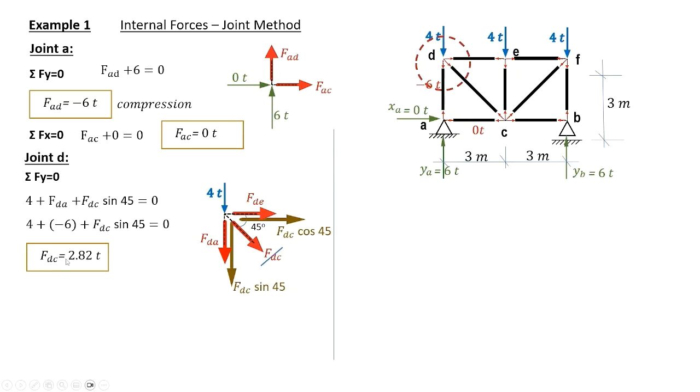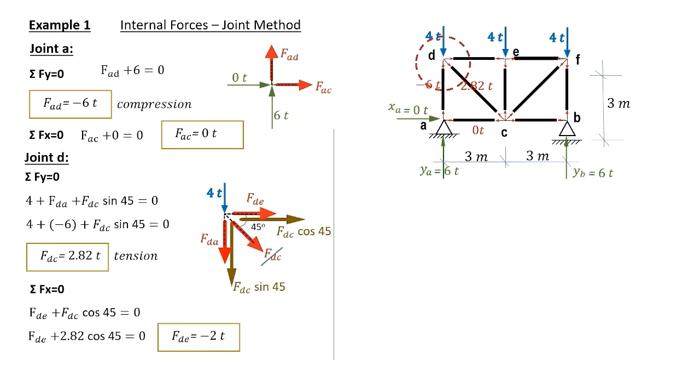As the result is positive, this means that we assumed correctly the tension force. And the force is plotted on our diagram. Sigma forces in the x direction equals 0. Now we have DC computed and the only unknown DE. This gives DE minus 2 tons and is plotted on our diagram here, a compression force.